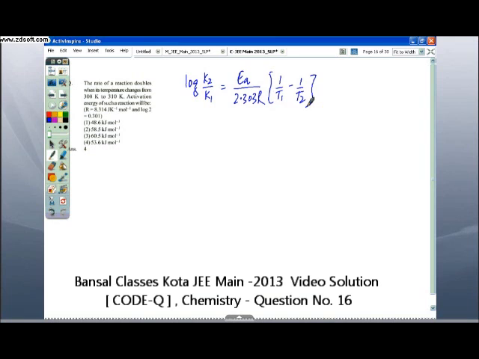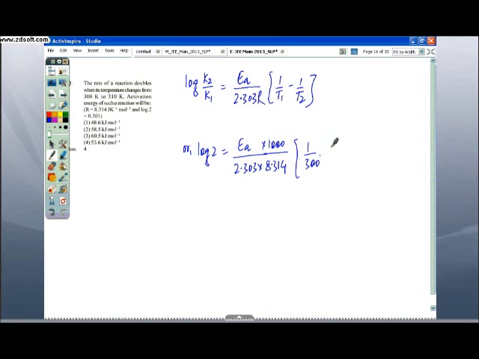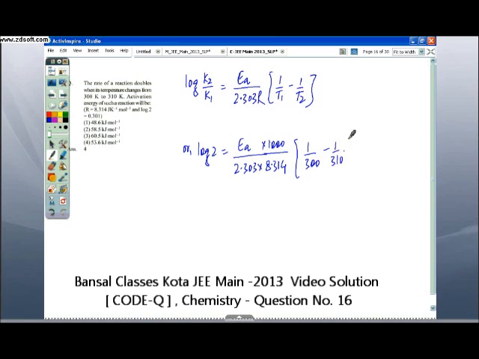Since rate of reaction becomes double, log 2 is equal to EA upon 2.303 into the value of R, 8.314. Take it in kilojoule, so into 1000, into 1 by 300 minus 1 by 310.